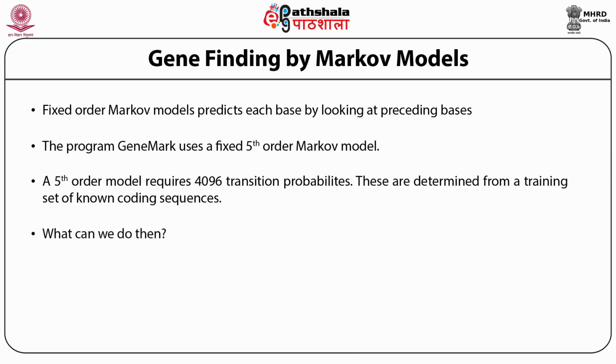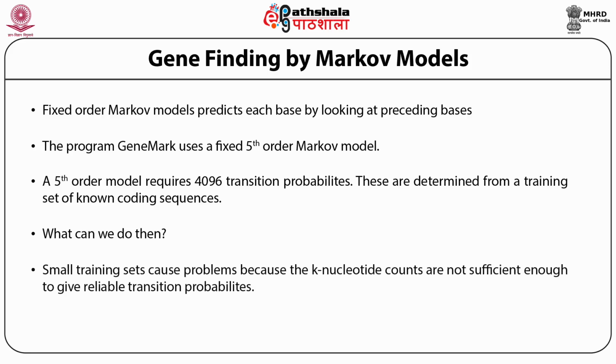Now, while this might work, there are certain problems. Think about it. There are only 4 single bases. There are 16 dinucleotides, 64 trinucleotides, 256 tetranucleotides, and 1024 pentanucleotides.